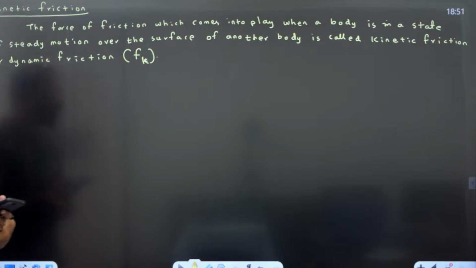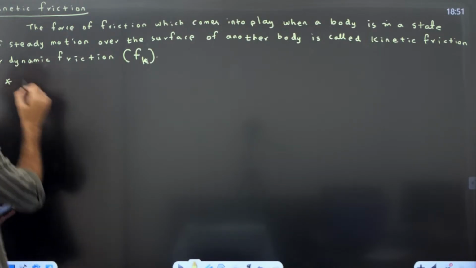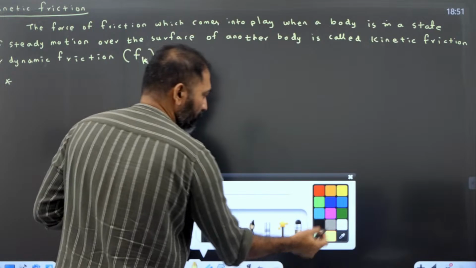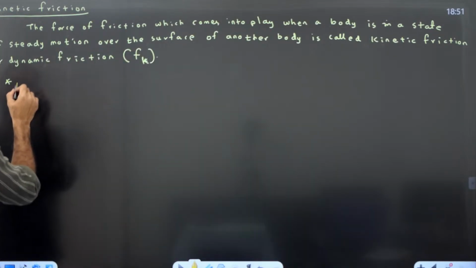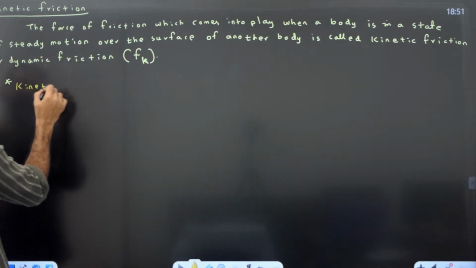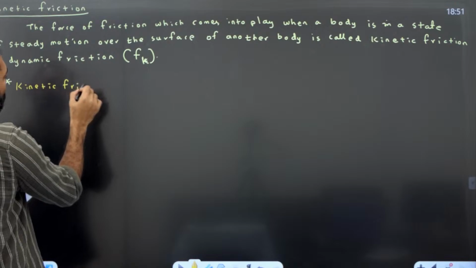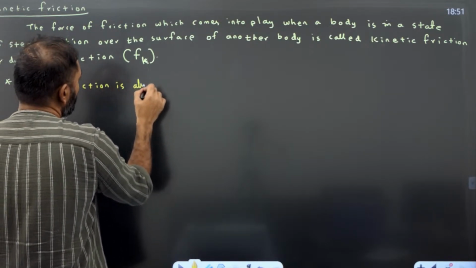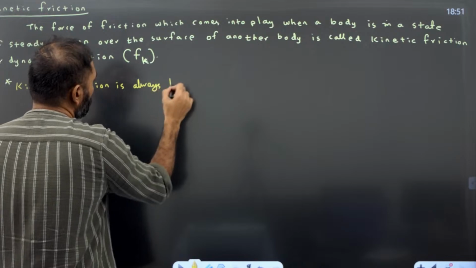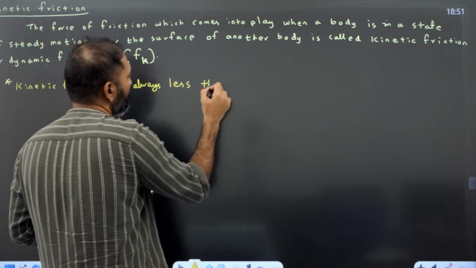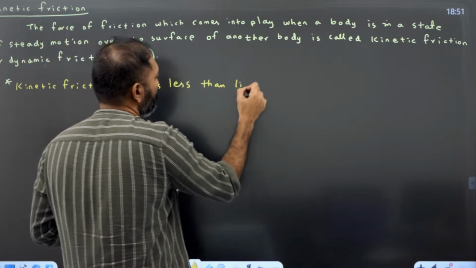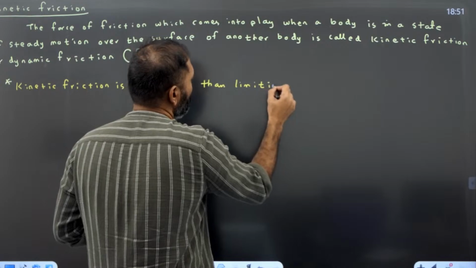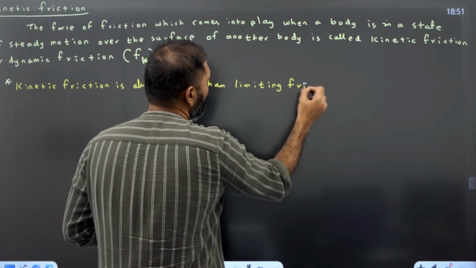What is the next very important point? Kinetic friction is always lesser than limiting friction.